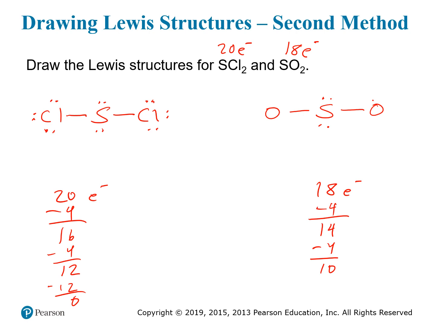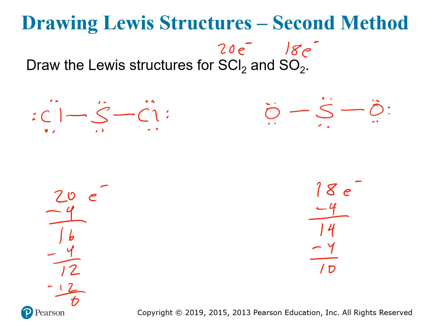We could put 2, 4, 2, 4, that would give us 8, and then 9 and 10. But you should never ever have unpaired electrons in a Lewis diagram. So we would want to get rid of those and put them as a pair somewhere. Where do we put them? Well, we could put them on either oxygen.